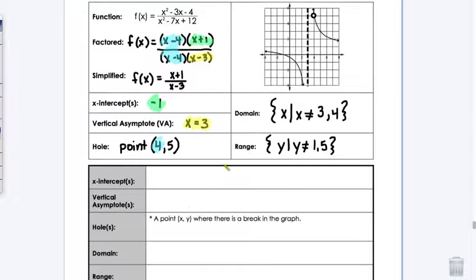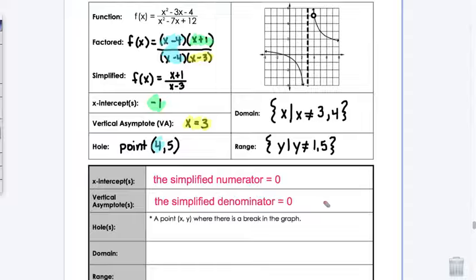Okay, so by looking at this, we determined that it's possible that my x-intercept has to do with the numerator, and it does. It's the simplified numerator equal to 0. So we actually are looking at this part only. And then my vertical asymptote, we said, is possibly with this denominator.